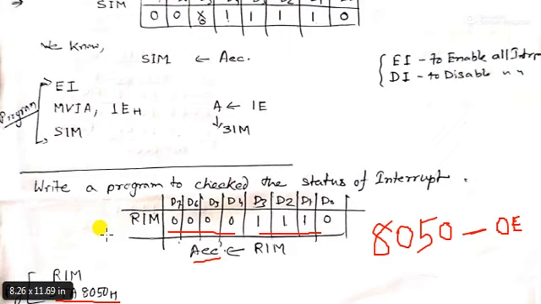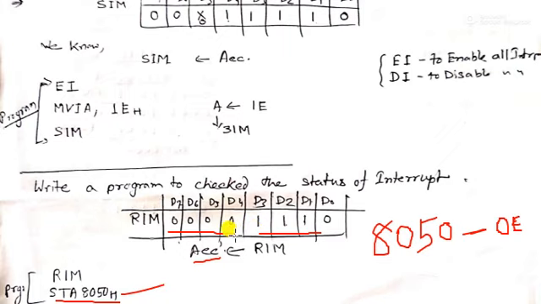After this instruction, that means 000E. So the user or programmer can easily understand that RST 5.5 is unmasked, RST 6.5 is masked, RST 7.5 is masked. The mask interrupt enable pin is 1, set.